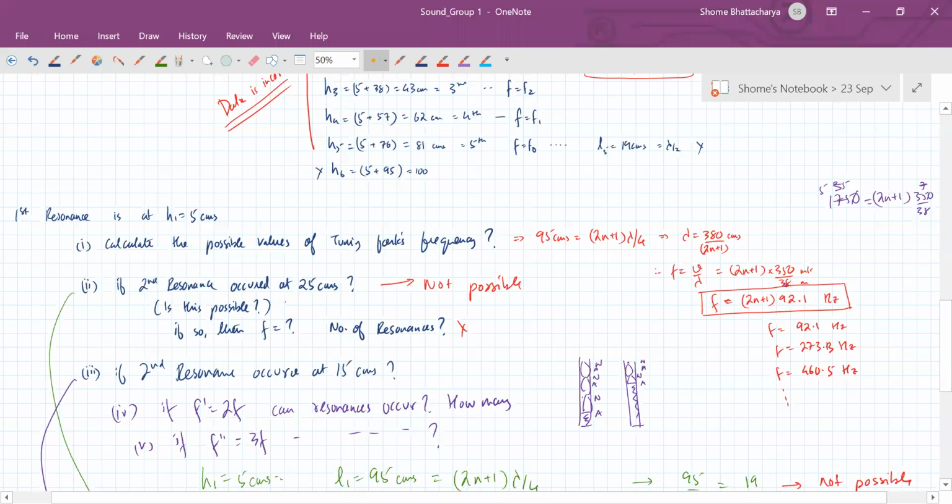Yeah, this should be 3.8 here. That's the difference. 380 centimeters is 3.8, so that will make a difference. Okay.